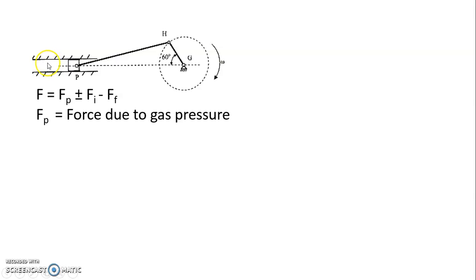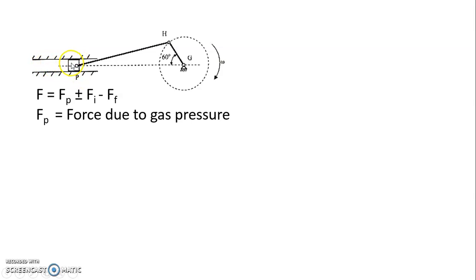When the slider is in the left extreme position, that is crank at 0 degree, and the crank is rotating in the clockwise direction from 0 to 90 degree, then the slider will move from the left extreme position to the mean position.